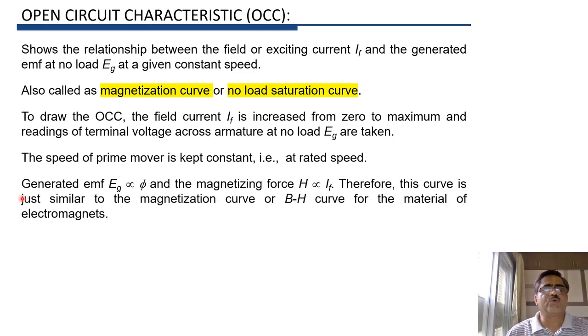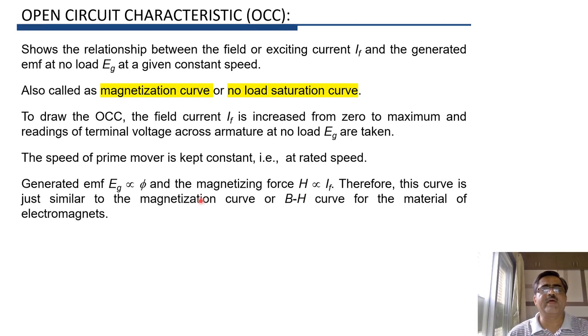Here you know that Eg is proportional to phi if speed is constant, and the magnetic field strength or magnetizing force H is given by Ni upon L, and therefore H is proportional to I. In this case I is the field current IF, so H is proportional to IF.